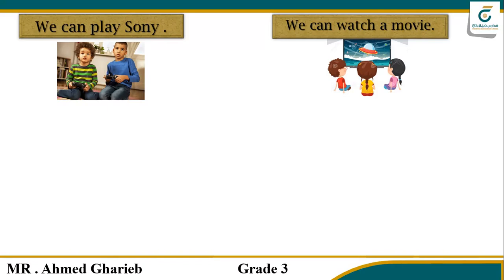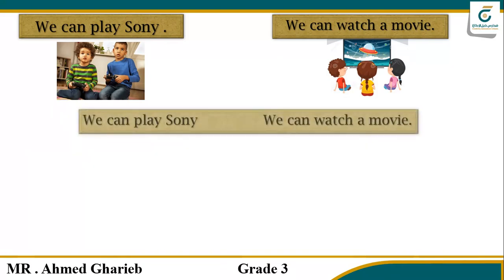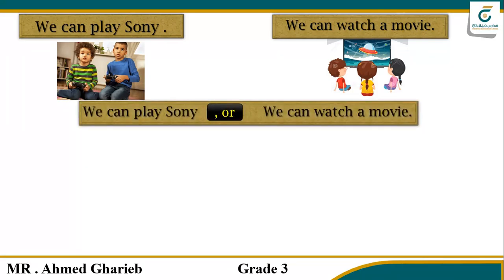In this case we can use or. So to make two sentences just one sentence, and I have the option, I have to choose, we can use or. We can play Sony or we can watch a movie.